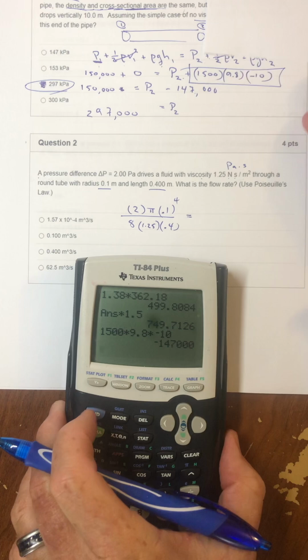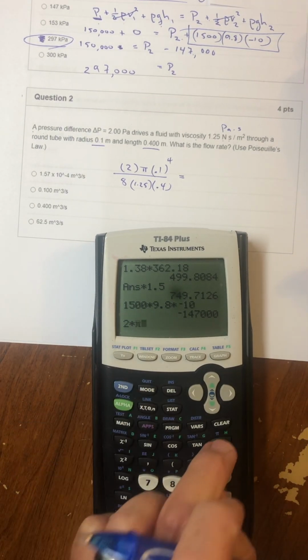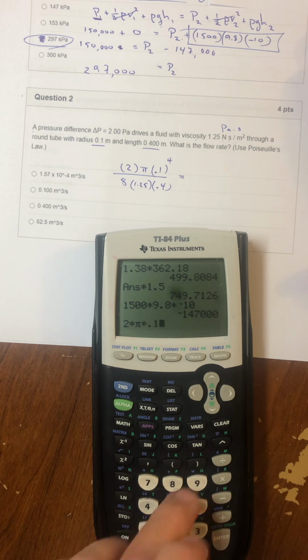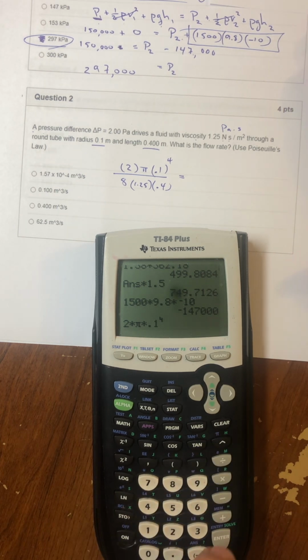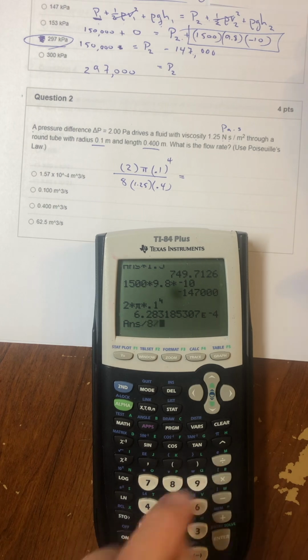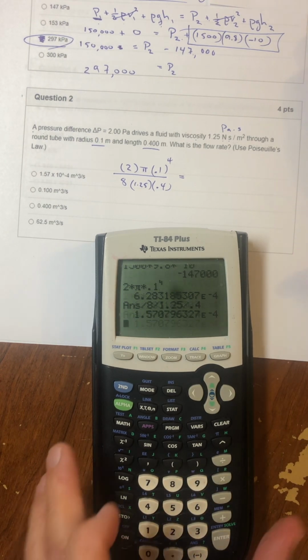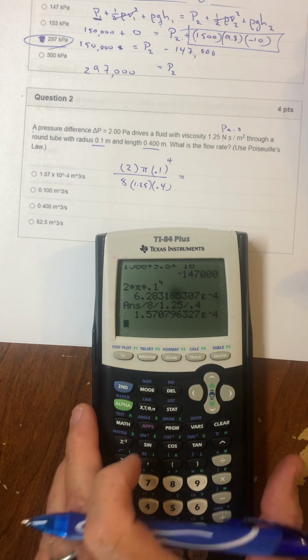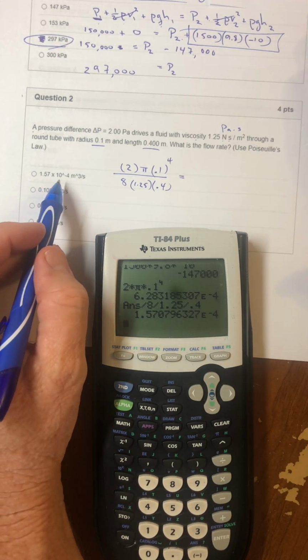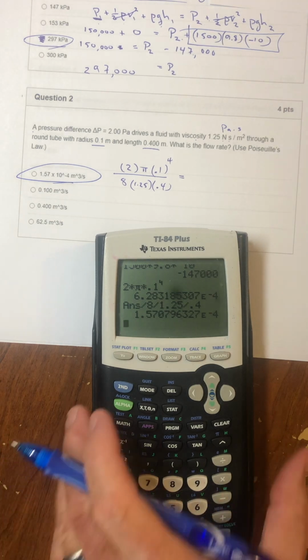And so grabbing a calculator, it should be 2 times pi times 0.1 raised to the 4th power. That's the numerator. Divided by the 8, also divided by the viscosity, and also divided by the length. And 1.57 times 10 to the minus 4th cubic meters per second.